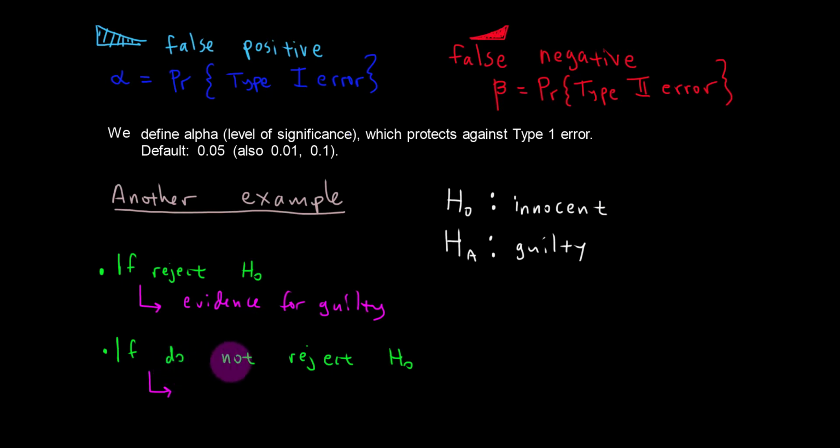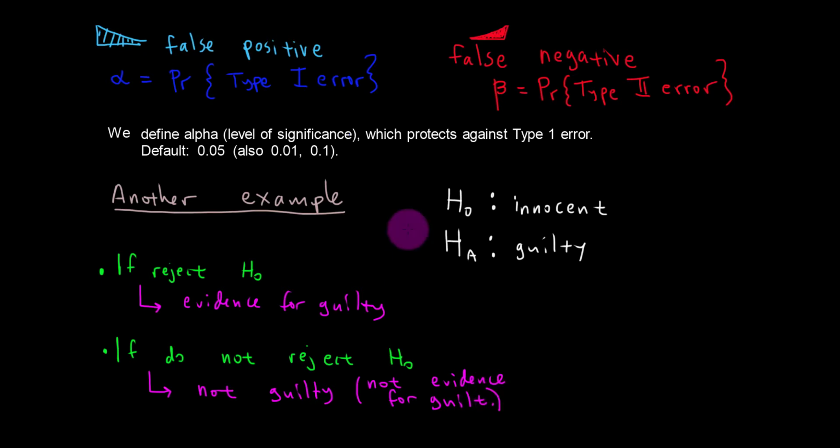However, a non-rejection does not prove someone's innocence. No. However, what do they say in the TV shows? They say they are not guilty. So there's not evidence for guilt, right? Not evidence for guilt. They don't prove anyone's innocence. They just can't prove their guilt.